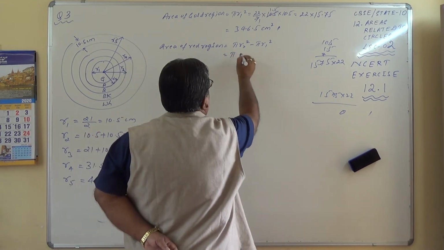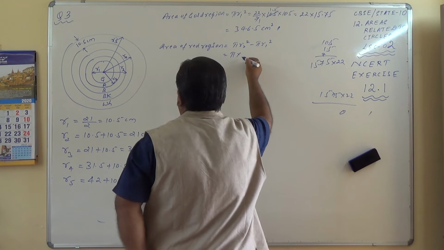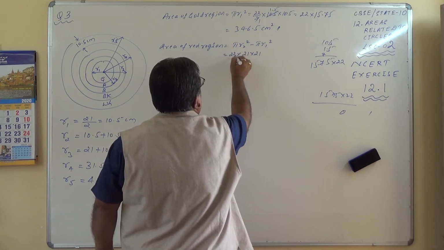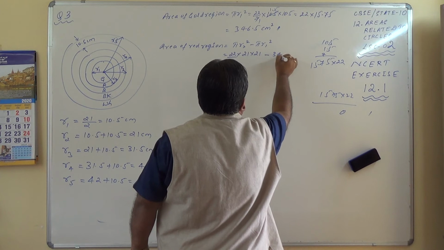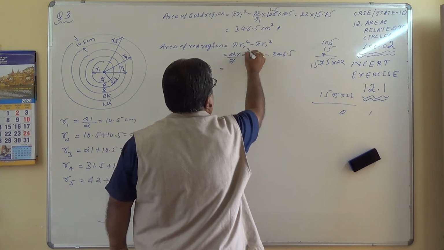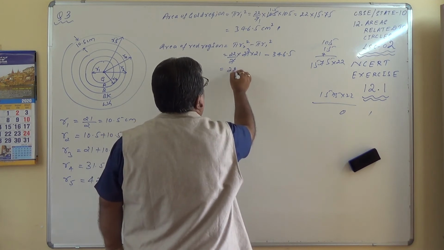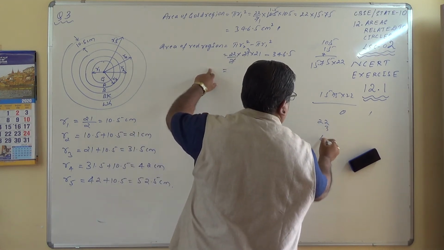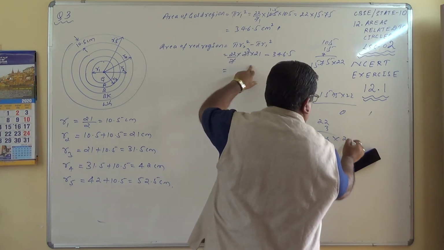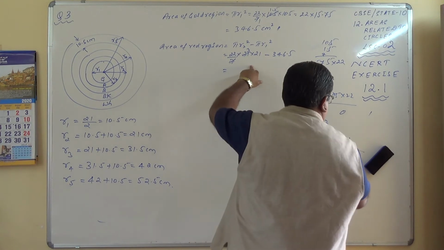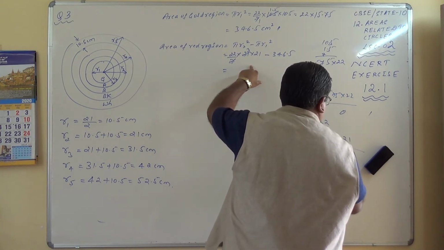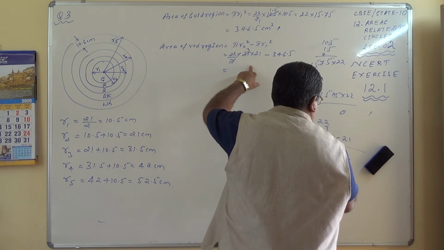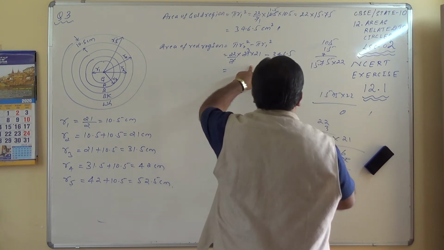So I can take pi into R2 square. R2 is how much? 21 square. 21 into 21, with pi value 22 by 7, minus pi R1 square, which is 346.5. 7 ones are 7, 7 threes are 21, so 22 into 3 is 66, into 21 into 21, which is equal to 1386.